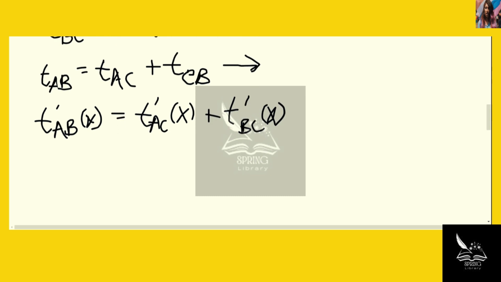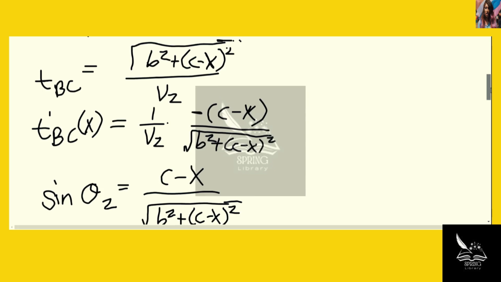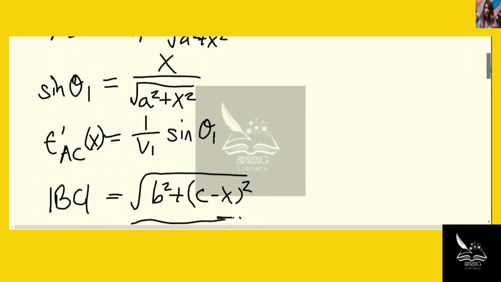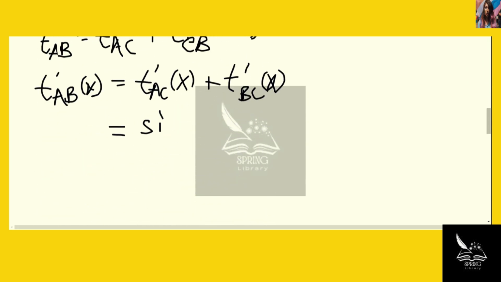And so therefore this is equal to t prime AC of x, which we found was sine theta 1 over v1, and then t prime BC of x is negative sine theta 2 over v2.